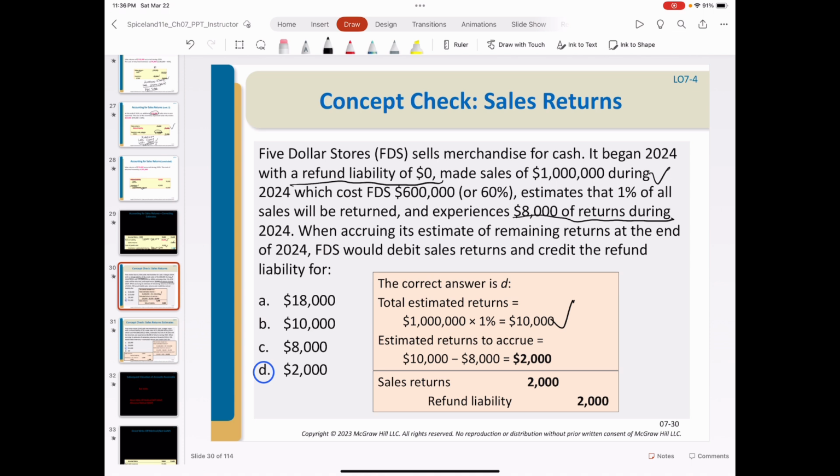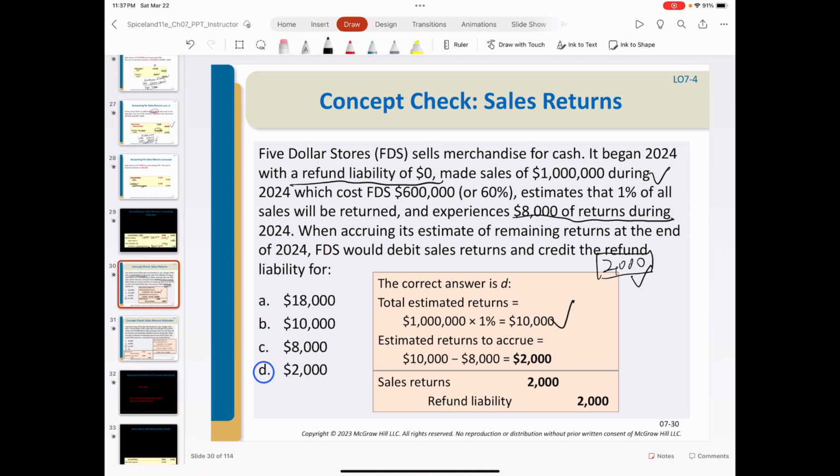That also indicates there is another $2,000 expected return in the next year. To account for this estimated return, the $2,000 expected return will occur in 2025. To account for this, we debit sales return and credit refund liability. Since the beginning balance was 0, after this journal entry, it has a $2,000 credit.